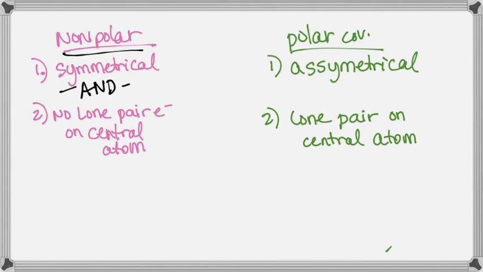It could be one lone pair, two lone pairs, it doesn't matter. Both of these things might happen, but if you have either one, it's automatically polar covalent. So probably the easiest thing to look at is, do you have lone pairs on your central atom? Automatically, if you see lone pairs, it's going to be polar. Okay? So that is polarity in a nutshell.